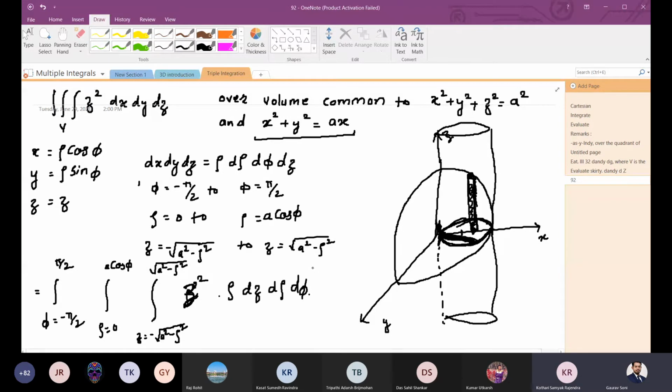So can you explain the limit for z again? Can you tell me pillar, what will be the lower end of your pillar? Anyone? So the sphere. It will be the maximum sphere, sir.